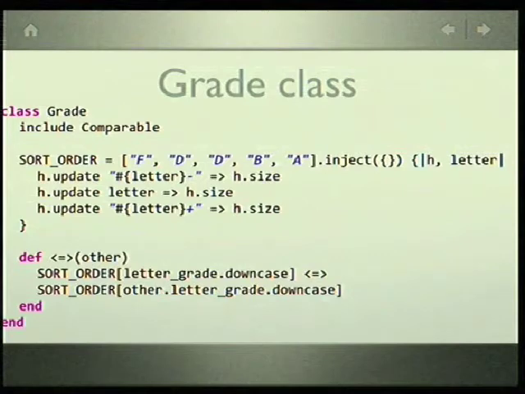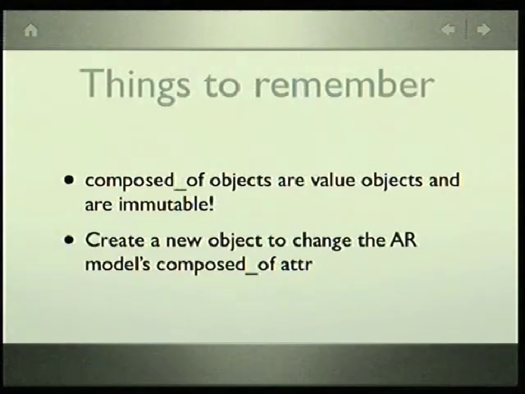So I've got two D's in there. There should be a C in there, not two D's. So you can define the sort order for these things, and then define your comparison operator there in the bottom method, which then allows you to compare the grades one to the next, because it's not actually comparing the letter grade, it's comparing the associated number in that hash. And I can give you an example of that.